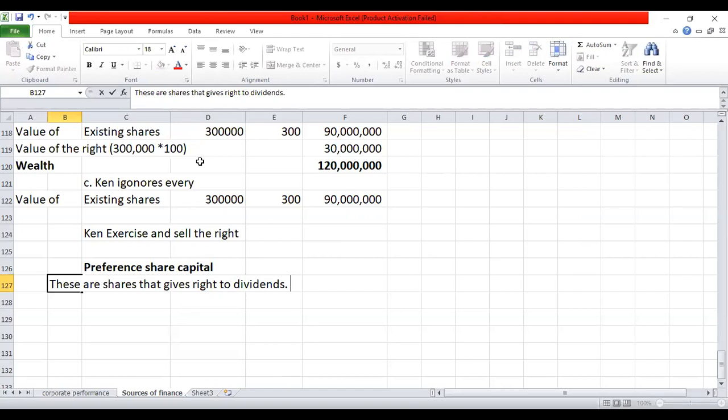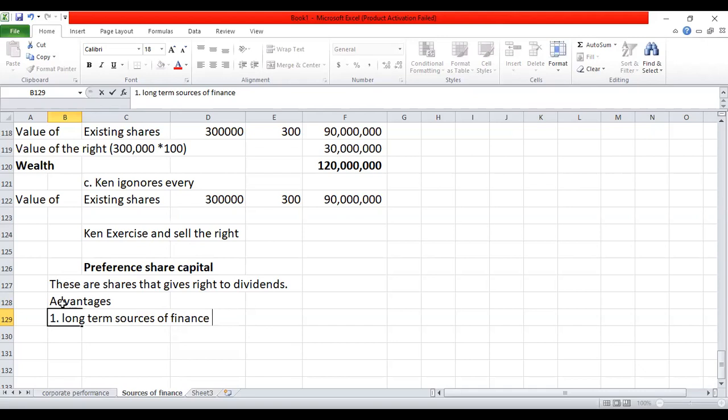You can discuss the advantages here. Just talk about the disadvantage of ordinary shareholders. Advantage, like ordinary shares, they are longer-term sources of finance, so you can use them to finance longer-term investment.